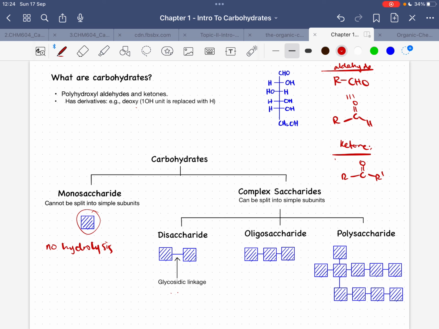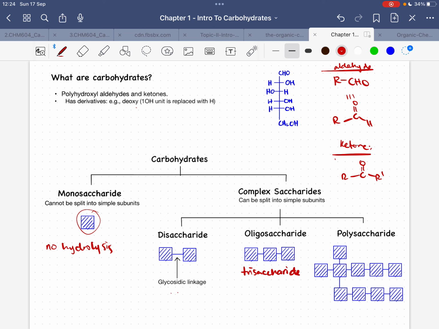And also, we have complex saccharides. Complex saccharides, there are three types: disaccharide, oligosaccharide, and polysaccharide. Okay? A disaccharide has two monosaccharides. For the oligosaccharide, the simplest oligosaccharide is what we call a trisaccharide. This is the simplest oligosaccharide.